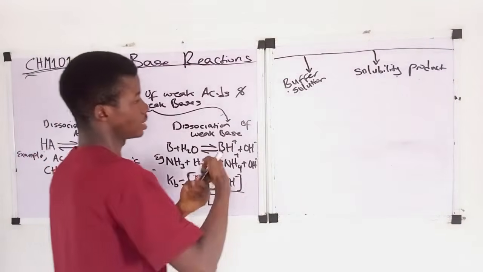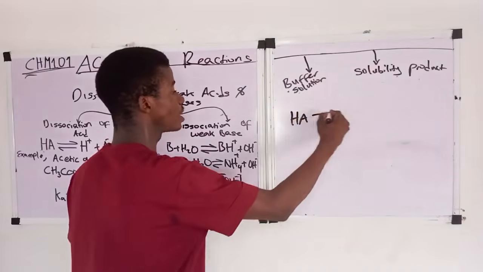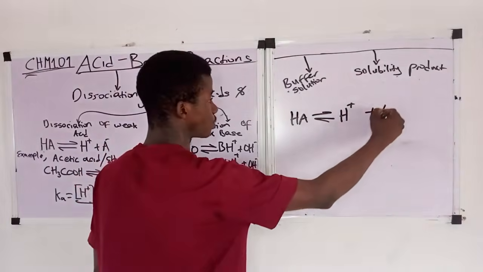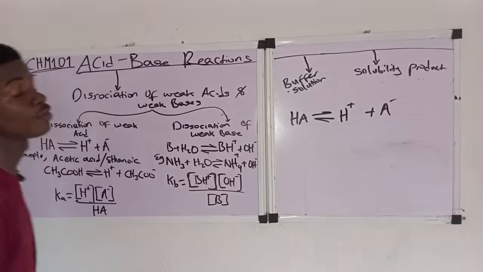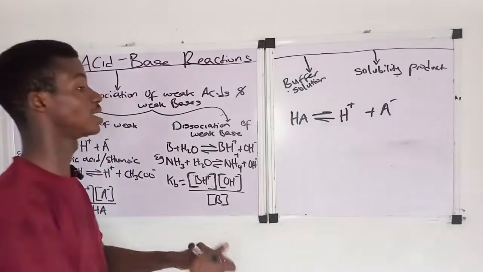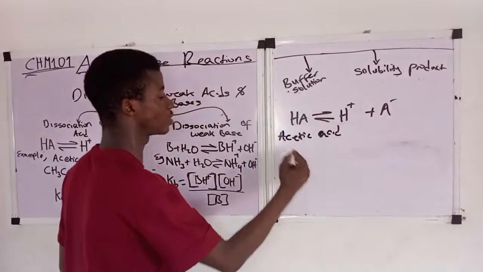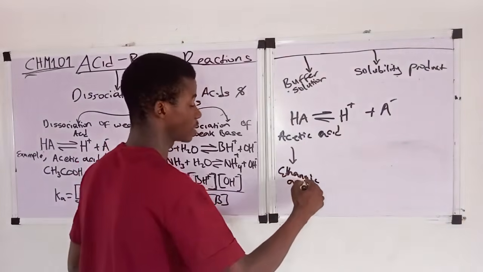When a weak acid dissociates partially, it gives hydrogen ion plus the negative ion, right? An example of a weak acid is acetic acid, which we commonly know as ethanoic acid.